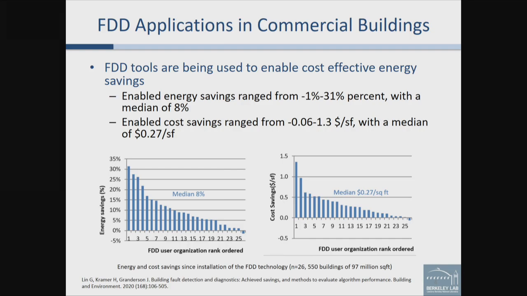Then we multiplied the energy savings by a fixed utility rate, and the conclusion is that the FDD tool enabled cost savings with a median of $0.27 per square foot. This number is pretty encouraging. We do see the FDD tool achieved cost-effective savings in the field.